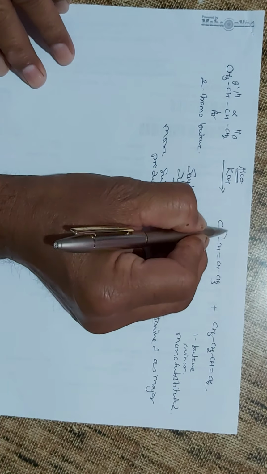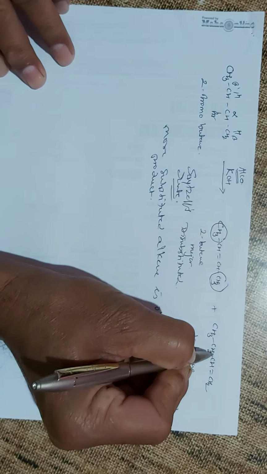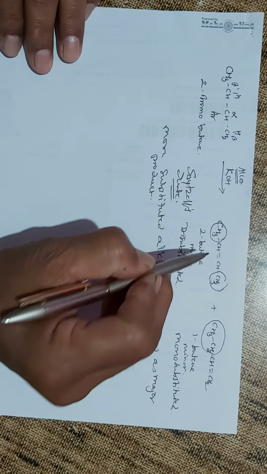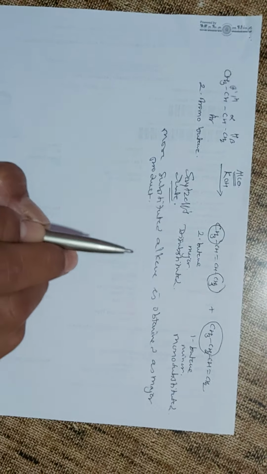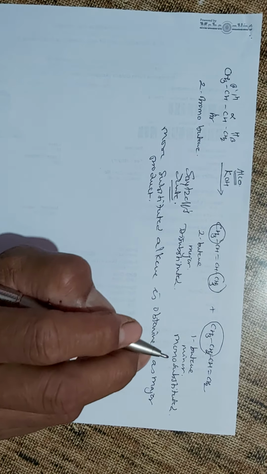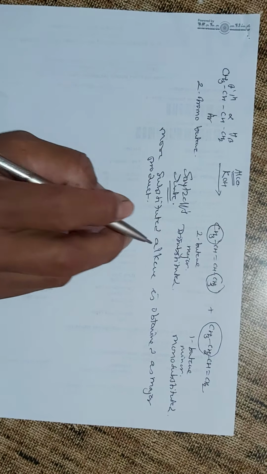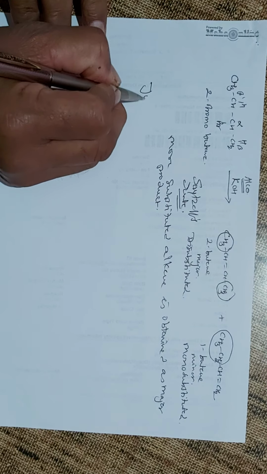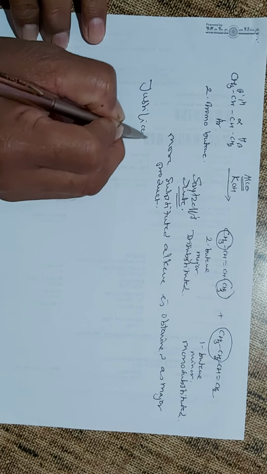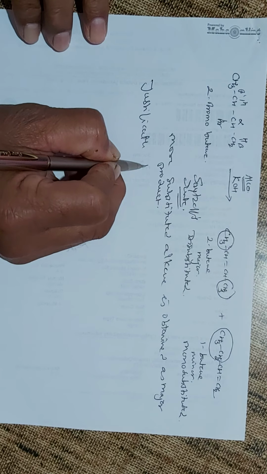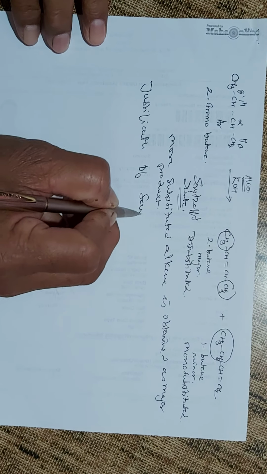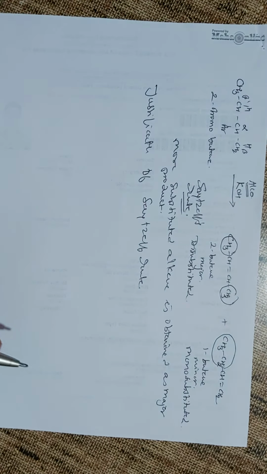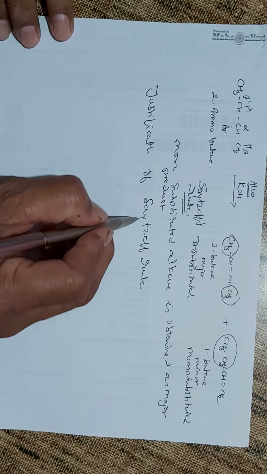Here there are two alkyl substituents, here there is only one alkyl substituent. Only one alkyl group is attached to the carbon-carbon double bond here, and two alkyl groups are attached to the carbon-carbon double bond here. So the di-substituted alkene, or the highly substituted alkene, will be obtained as the major product according to Saytzeff's rule. And we are supposed to give justification for our answer, justification of Saytzeff's rule: why the reaction proceeds with the formation of a di-substituted or highly substituted product as the major product.